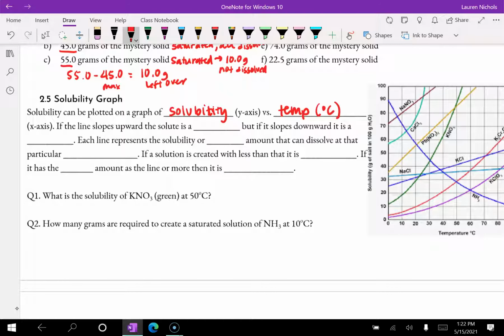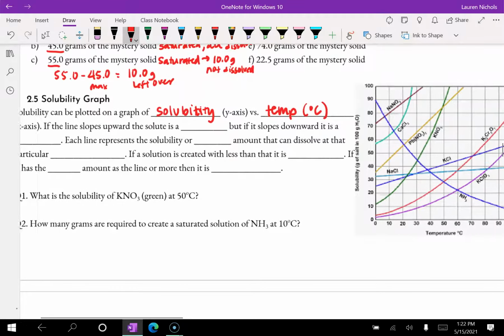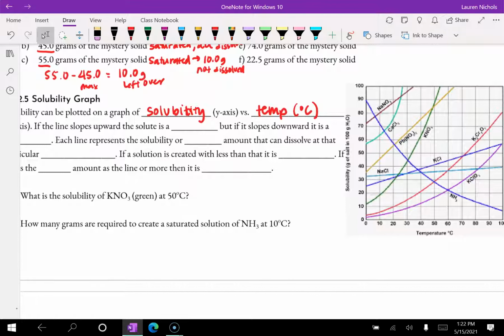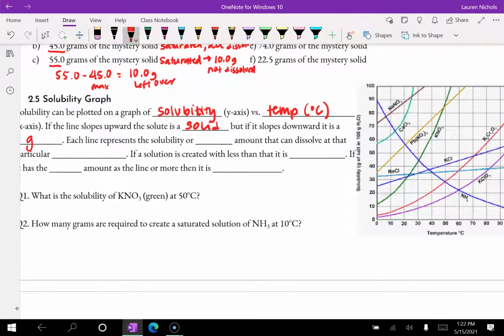And the cool thing is that when we see all of these chemicals in the graph, all the lines that are sloping upward tell us that the solute is a solid when it was dissolved in the water. But if it slopes downward, that tells us it's a gas, because temperature affects solids and gases differently when we're talking about dissolving.